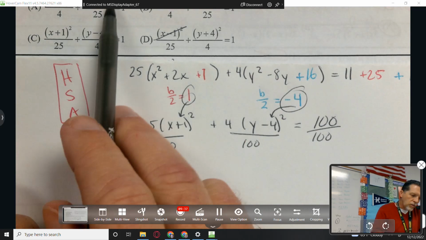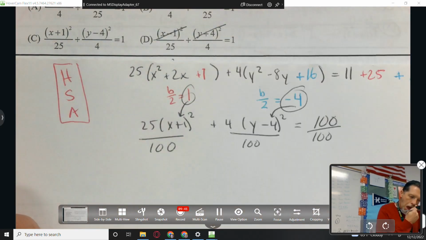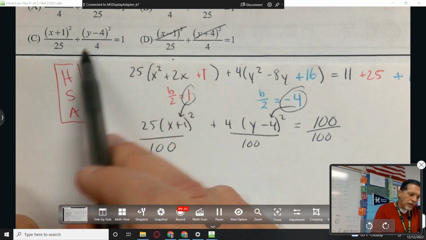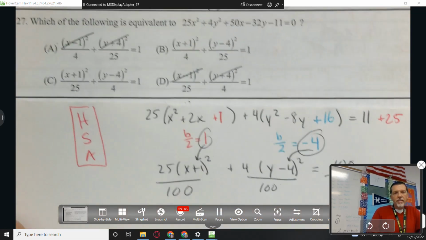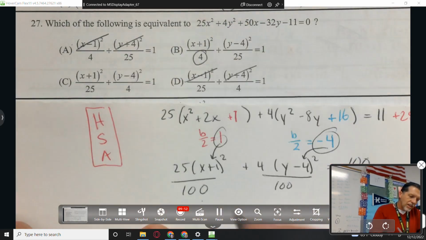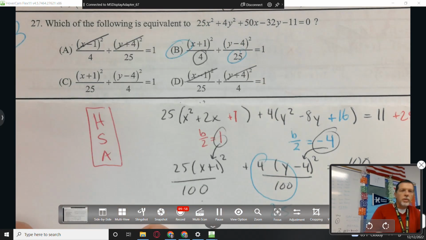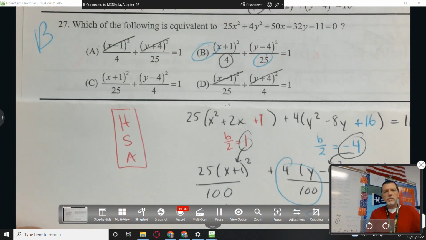Y minus 4. Not y plus 4. And then, be careful with the 4s and the 25. So the 25 over 100 puts a 4 in the bottom of the x's. And the 4 over 100 puts a 25 in the bottom of the y's. So answer choice B.